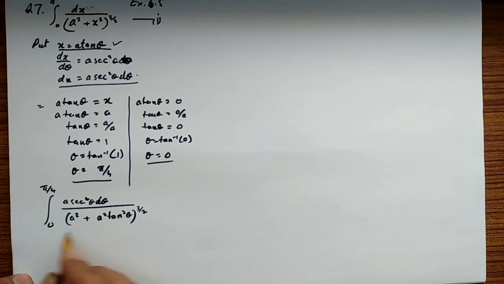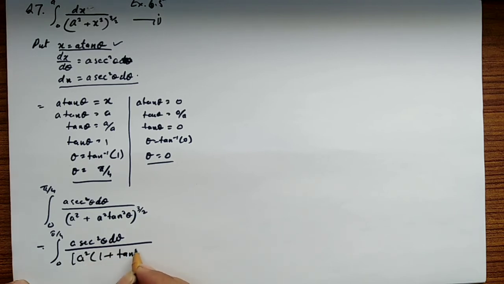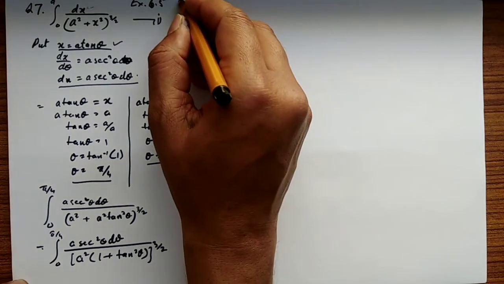So now simplifying this part, integral from 0 to pi upon 4, a sec square theta d theta whole divided by, taking a as a common here, we have a square into 1 plus tan square theta whole to the power 3 upon 2. So this gives us further simplification.